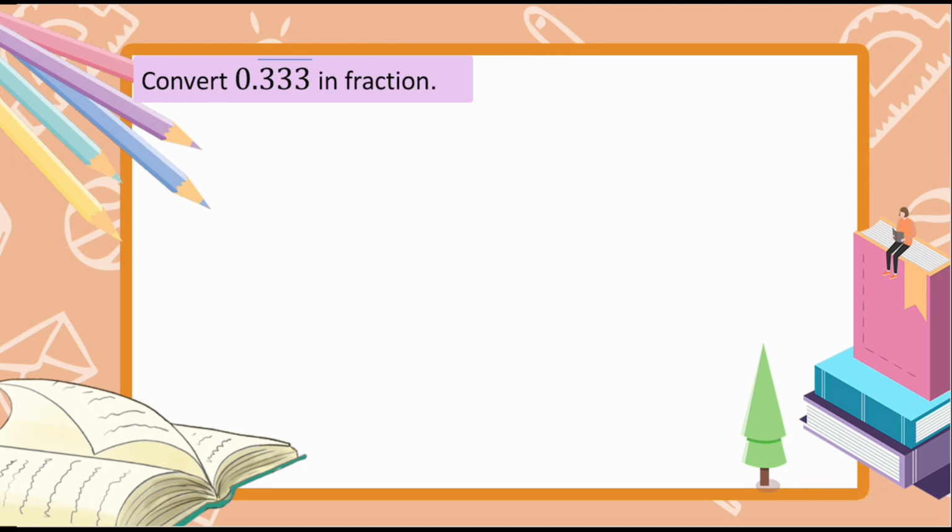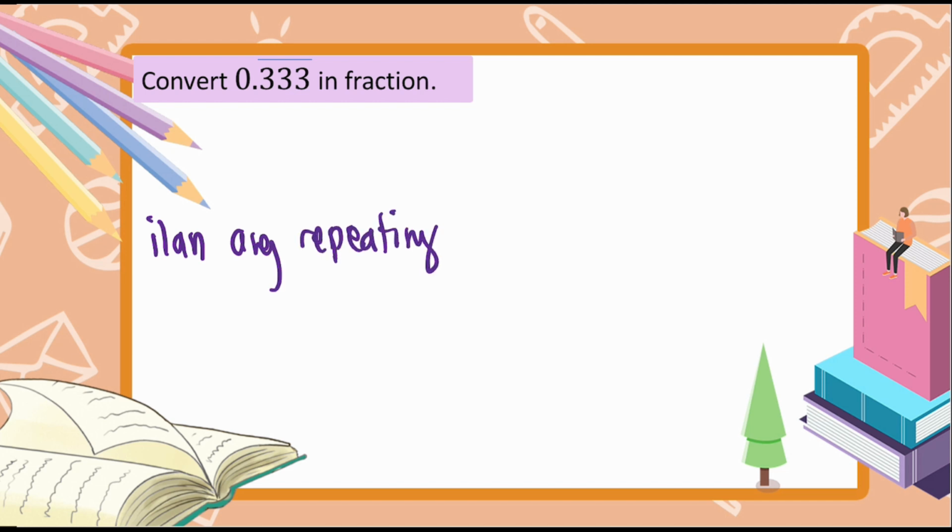So, after nating mag-convert ng terminating decimals to fraction, magko-convert naman tayo ng repeating decimal. Let us have this example. Convert 0.333 in fraction. So, as you can see, there is a bar sign above numbers 3. Ibig sabihin, the numbers 333 are repeating. Now, the first thing that you're going to do or to find is ilan ang repeating. Okay.